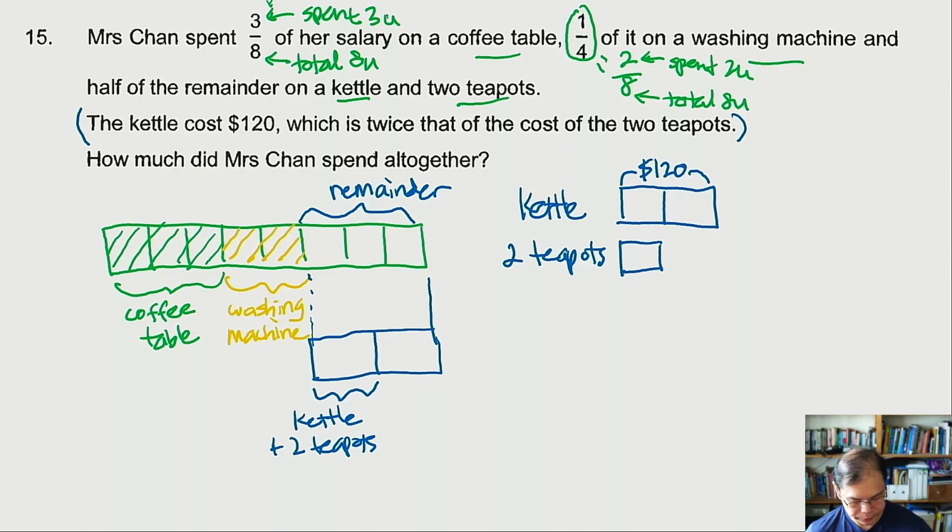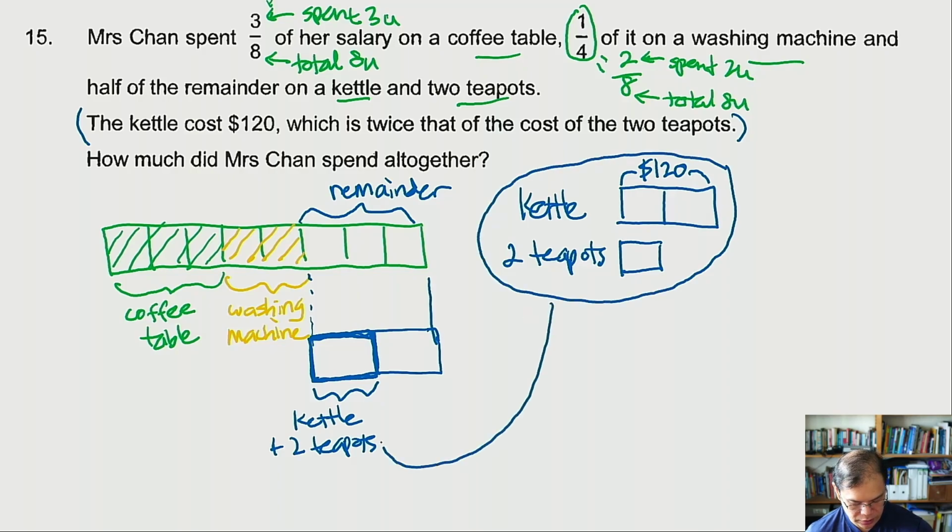Now, this part here of the main model is equivalent in value to this. So you imagine this whole thing goes into here, right?